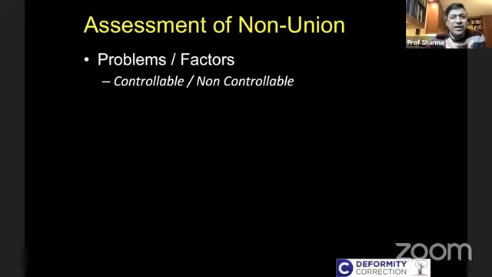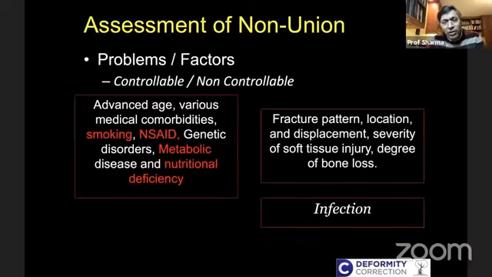And when you assess any non-union, you can divide all the problems into two broad groups: the factors which you can control, and the factors which you cannot control. And of all the things you see, the things in red are the only things which you can control. And for the rest, everything else, you have very little control.